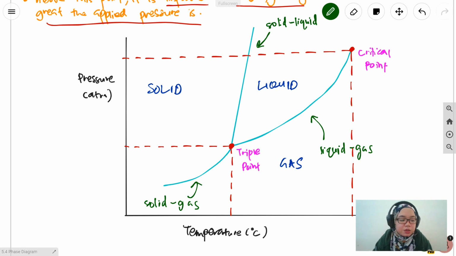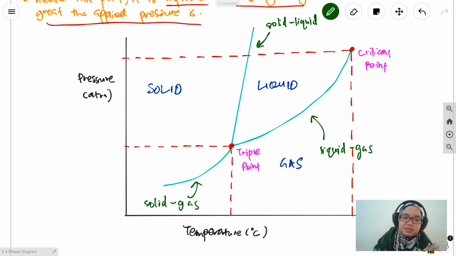Okay. So up until this point, we have learned what a phase diagram is, what the components inside the phase diagram are, and what the triple point and critical point are, and we have learned how to sketch the phase diagram. To sketch a phase diagram, first you have to have the x-axis and the y-axis.